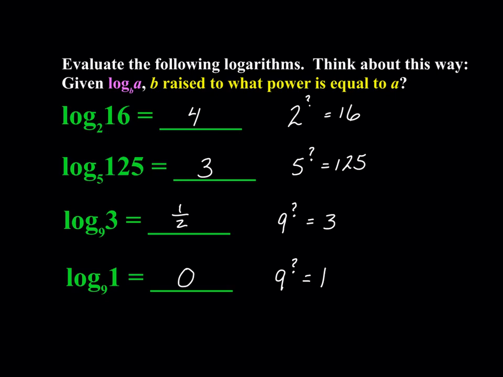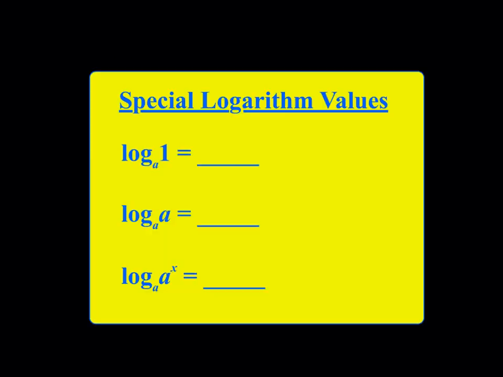So that's going to lead us into some properties that we can look at. The first property right here says the log base a of 1 is always going to equal 0 because it does not matter what the base value is. A to the 0 power is always going to equal 1. So now the next one is log base a of a, which is always equal to 1.